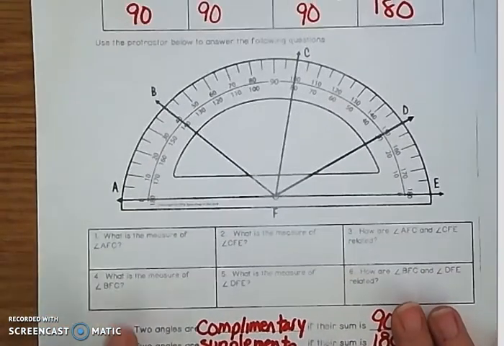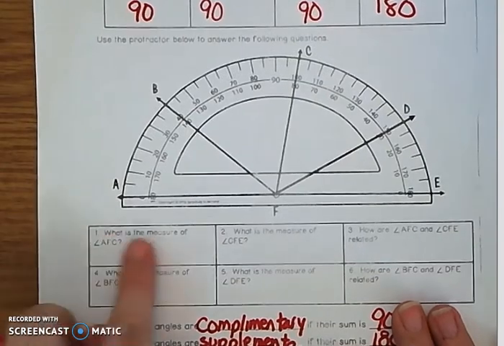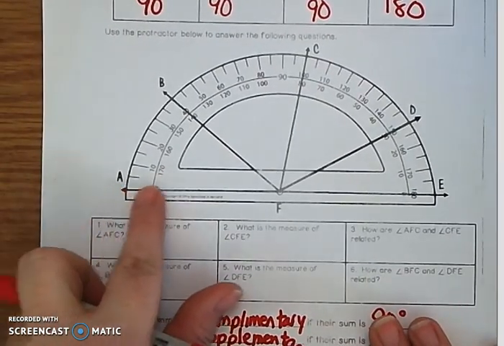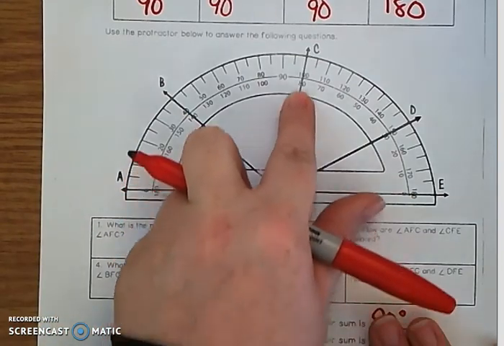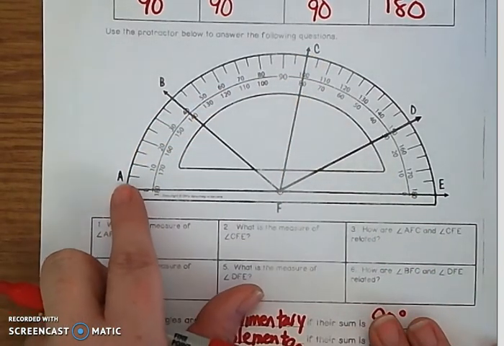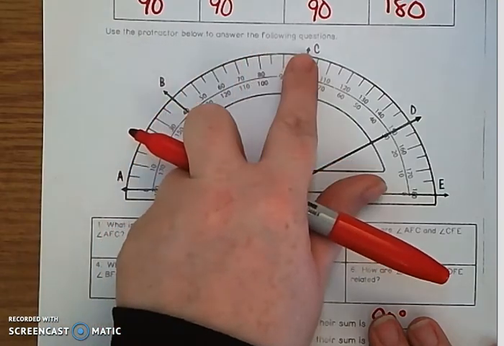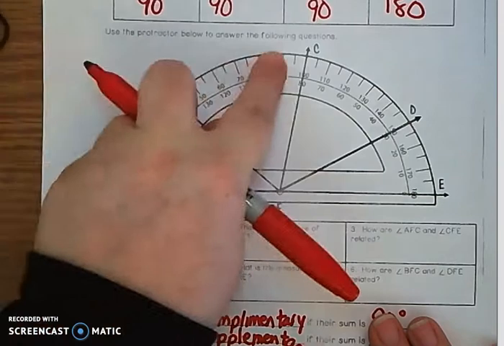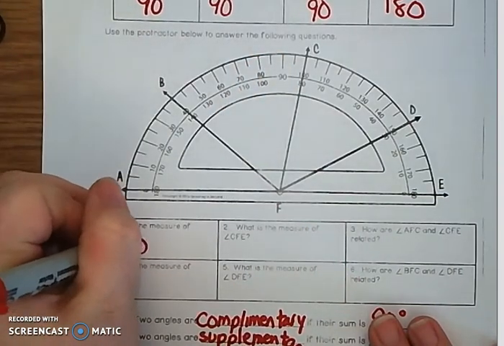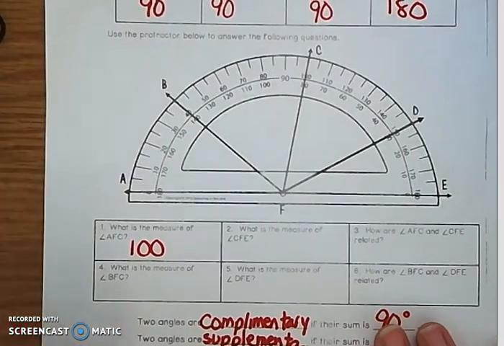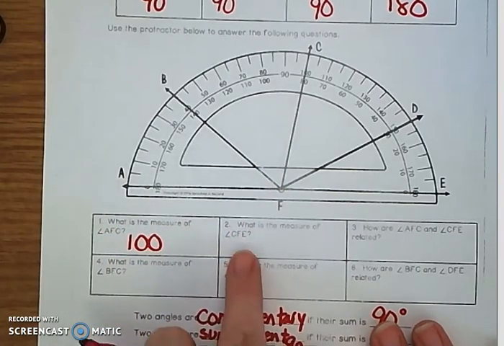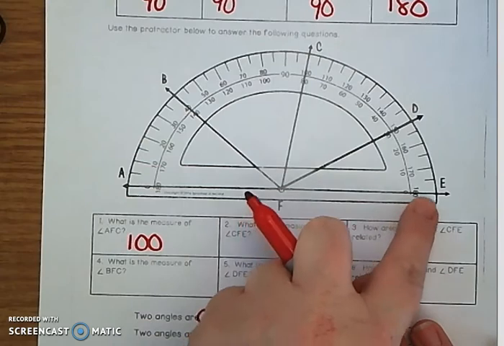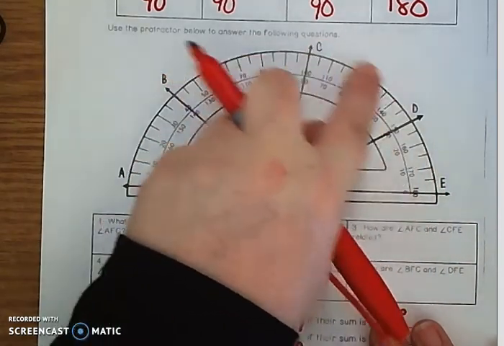So now I want to go back and look here. They want us to find the measure of angle AFC. So we start here, we go up, and it's 100 degrees because we start at the zero, and the zero is the top. So AFC is 100 degrees. Now we're going to do CFE. We start at C, go to F, go to E. So I want to know the distance from here to here.